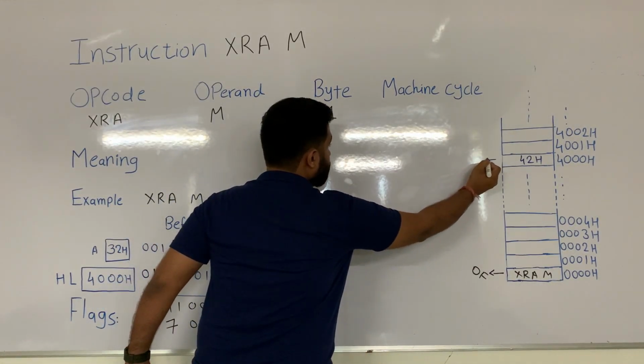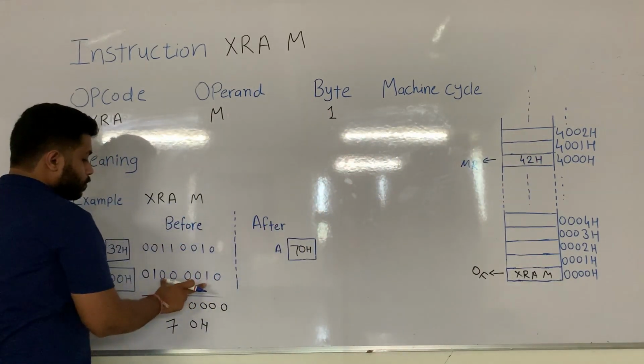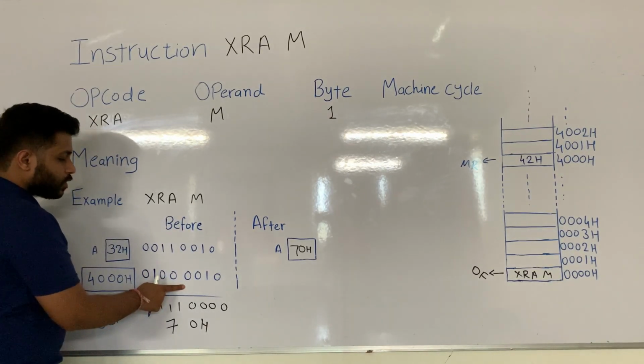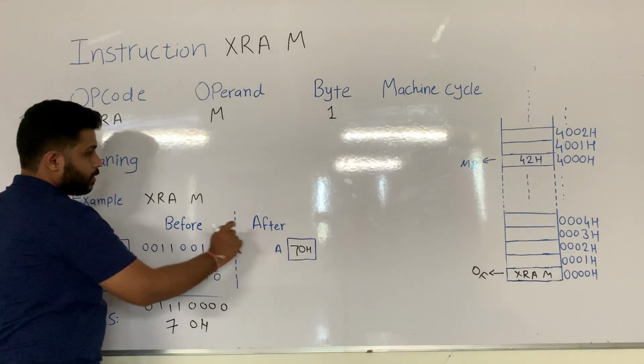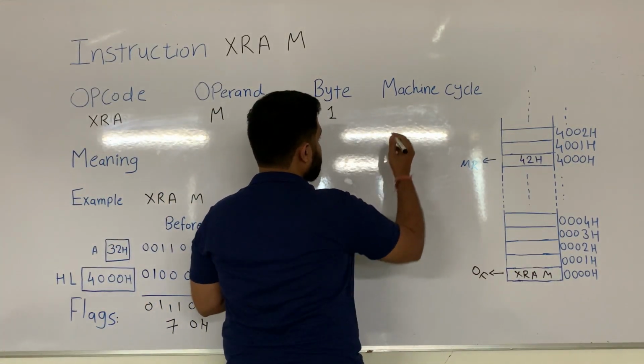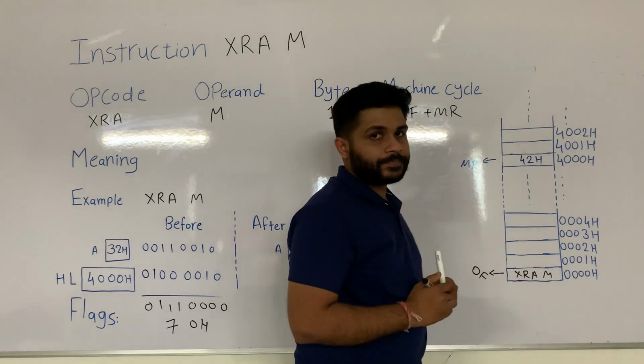When the processor performs the memory read, the data will be transferred to the microprocessor. After that, the processor will perform the XOR operation and the data will be stored in the accumulator. So in this case, 2 machine cycles will be required, that is opcode fetch plus memory read.